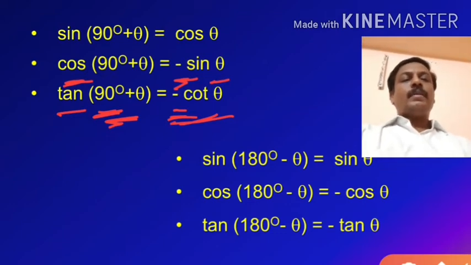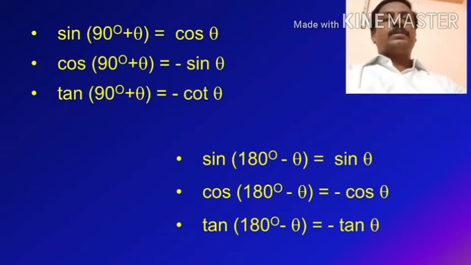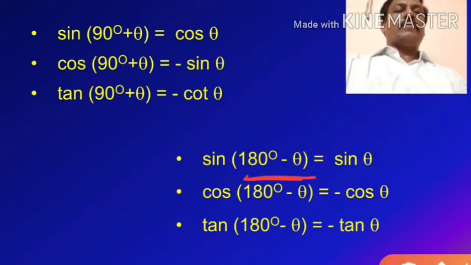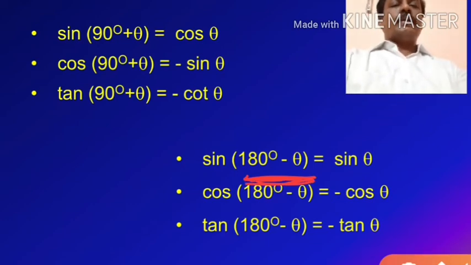We can also see some more examples here. Sine of 180 minus theta. 180 minus theta also comes in the second quadrant. Less than 180, more than 90. So when the angle is written in this form, the function does not change.